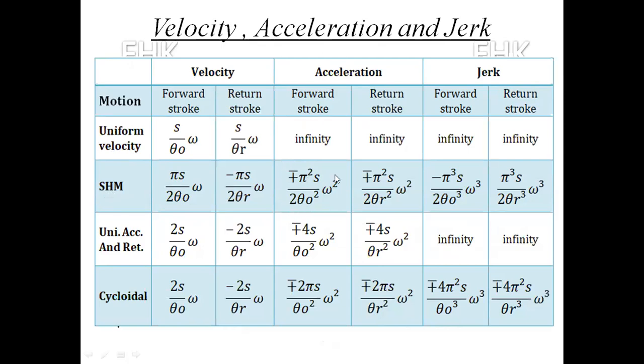The formula for this is plus minus pi square s omega square divided by 2 theta outward squared, or you can say pi omega divided by theta outward, bracket squared, into s by 2.